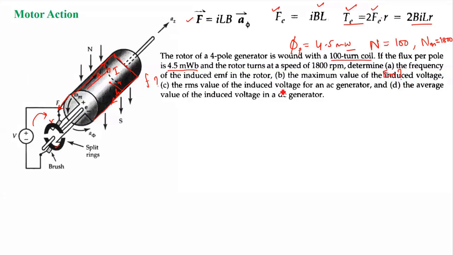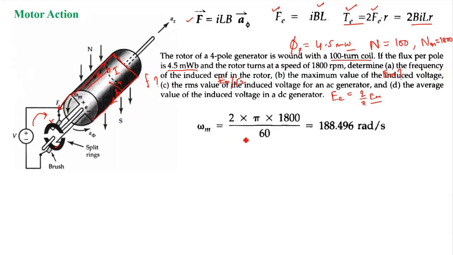Then the RMS value of induced EMF, that is Em by root 2. And the average value of induced EMF is Eav. That formula we have already derived, that is 2 by pi times Em, right? This is very easy.